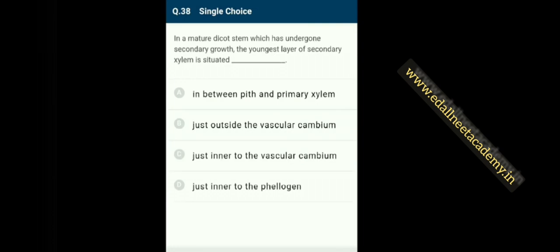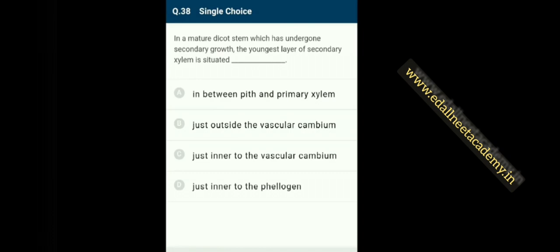Question number 38. In a mature dicot stem which has undergone secondary growth, the youngest layer of the secondary xylem is situated... Dicot plants are a subgroup of the division angiosperms which have two cotyledons or embryonic leaves in their seeds. Meristematic tissue occurring between the mature regions of root and shoots of angiosperms is called secondary meristem. These generally form by differentiation of the permanent tissues. The vascular cambium tissues found within the vascular tissue like xylem and phloem are secondary meristems which help in the lateral growth of the plant, increasing the girth of the stem.